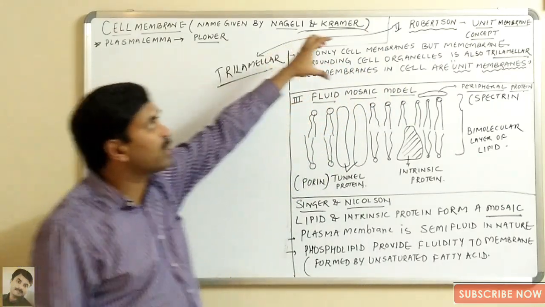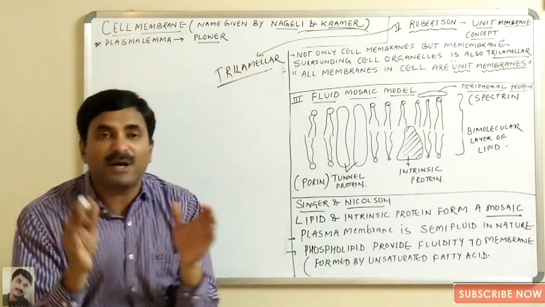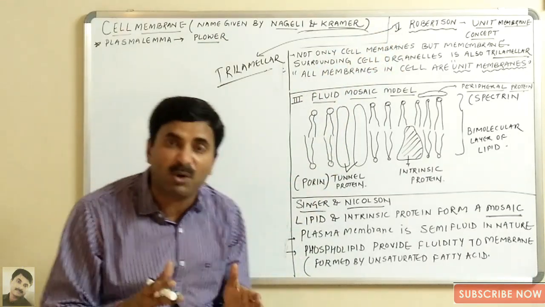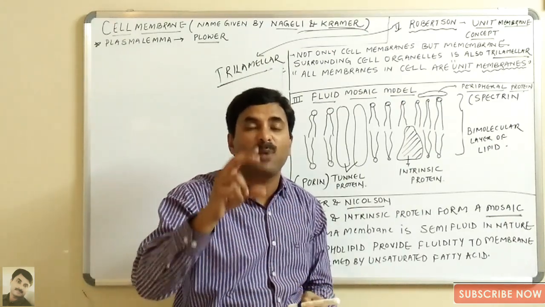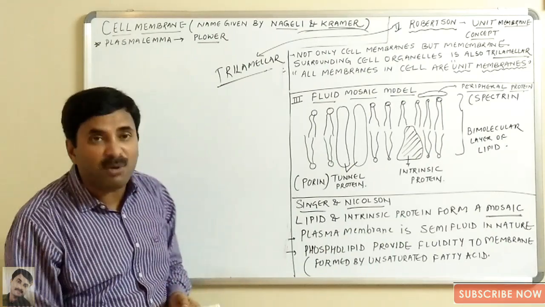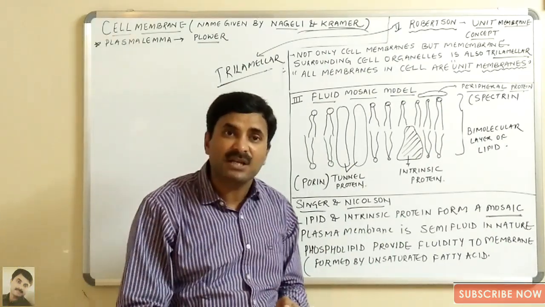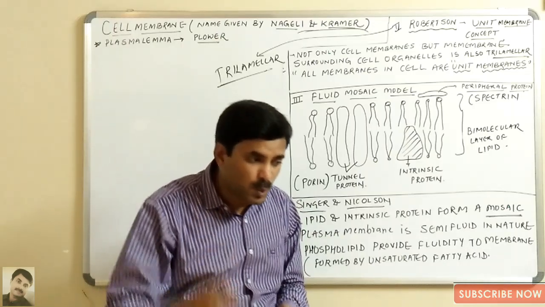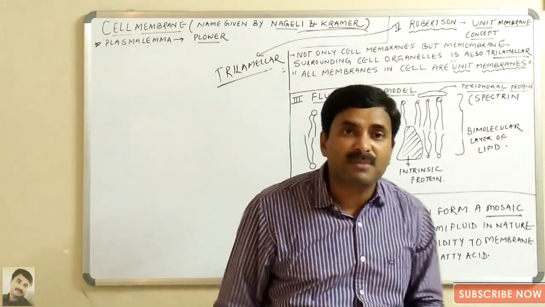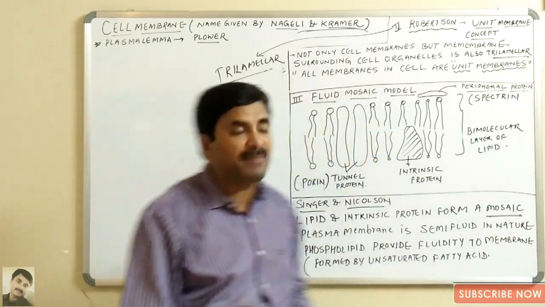But this model was also not accepted. The Robertson model was not accepted for two reasons. This model was not able to explain the elasticity of the cell membrane, and it was not able to explain the selective permeability of the cell membrane.